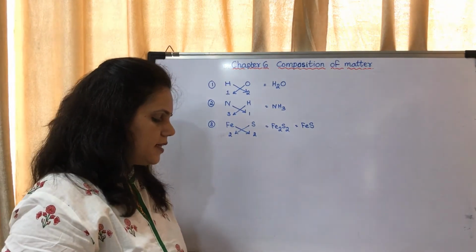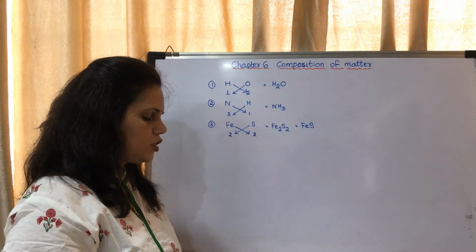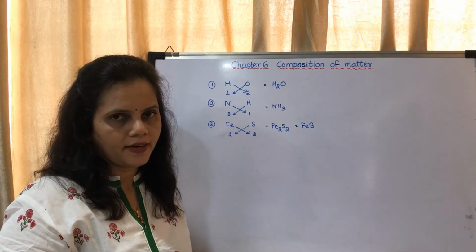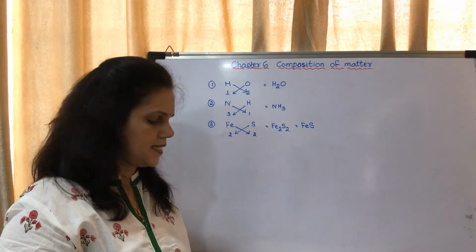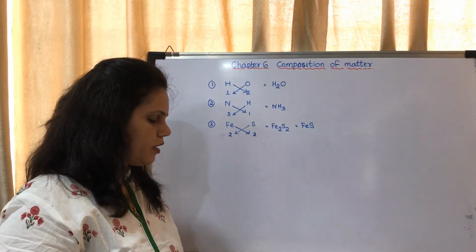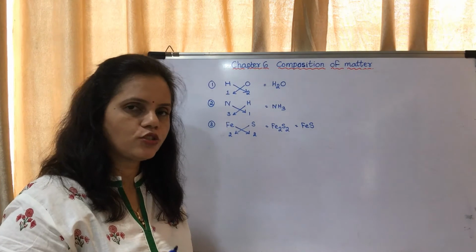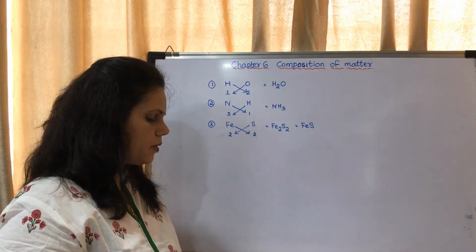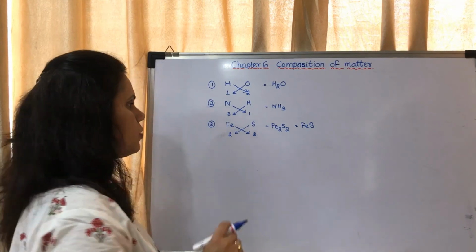Now the next: the valencies of the atoms H, O and N are 1, 2 and 3 respectively. They have given the valencies. The molecular formulas of these gaseous elements are H2, O2 and N2 respectively. How many chemical bonds are there in each of these molecules?